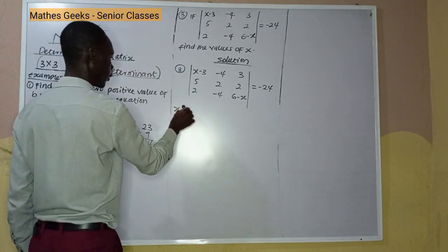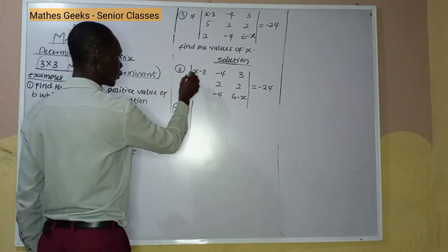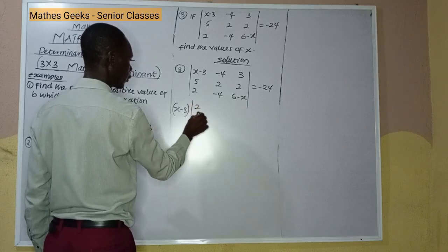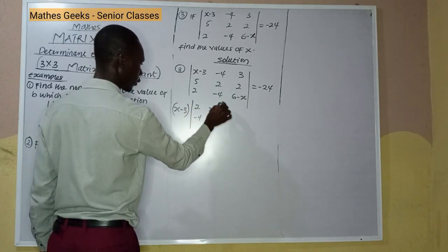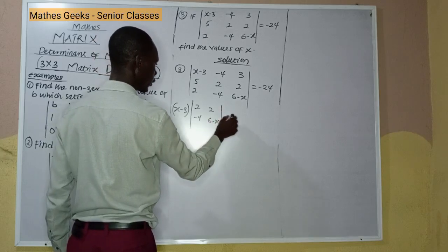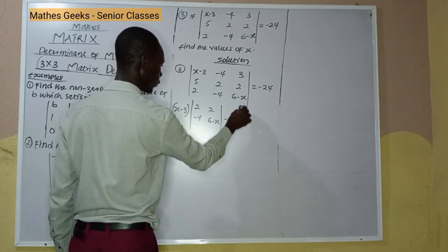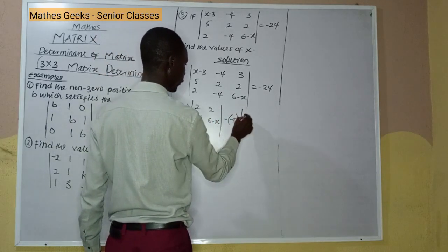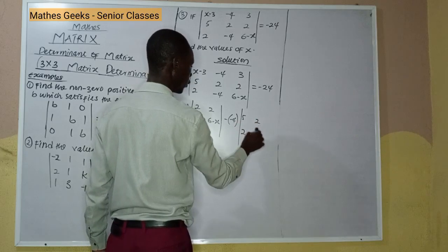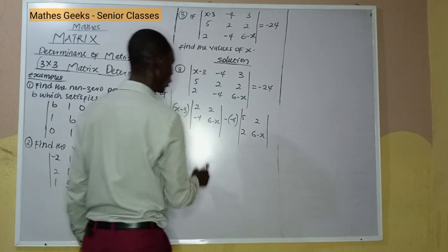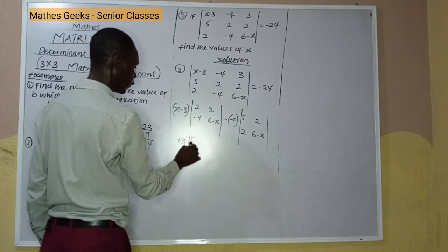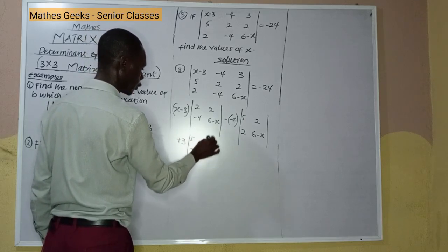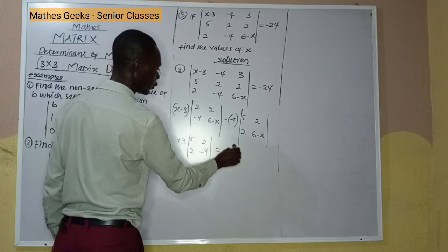So expanding: x minus 3 times the determinant of 2, minus 4, 2, 6 minus x, minus 5 times the determinant of minus 4, minus 4, 3, 6 minus x, plus 2 times the determinant of minus 4, 2, 3, 2, equals minus 24.